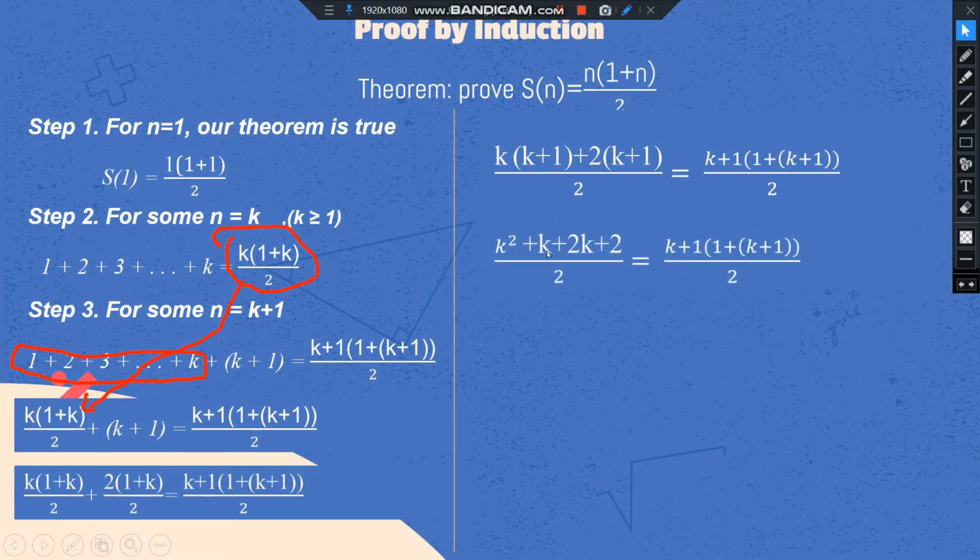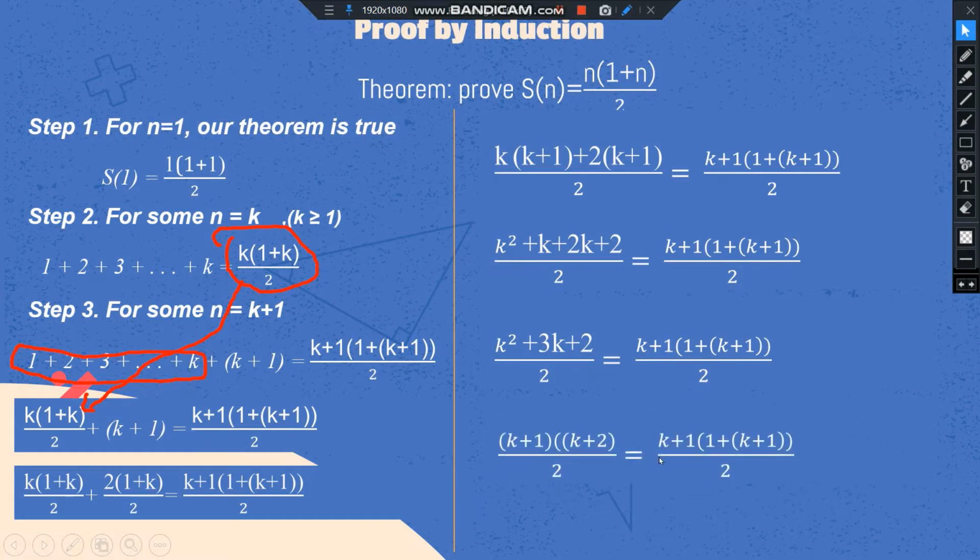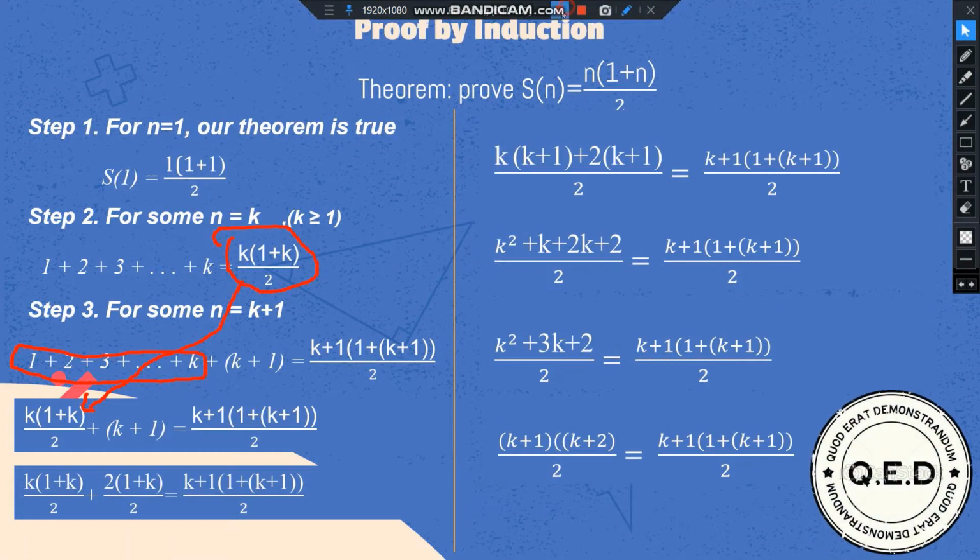And after that, here we multiplied each of these to get this expression. And after further simplification, we get that k plus 1 times k plus 2 is equal to the same expression. If we, of course, multiply this, we will get the same thing. Therefore, it has been proven.